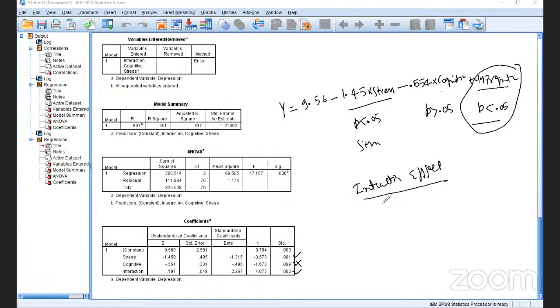Now I'm taking another case study where we will see no interaction. There is no interaction effect. So I am taking another case study to explain how to find no interaction.